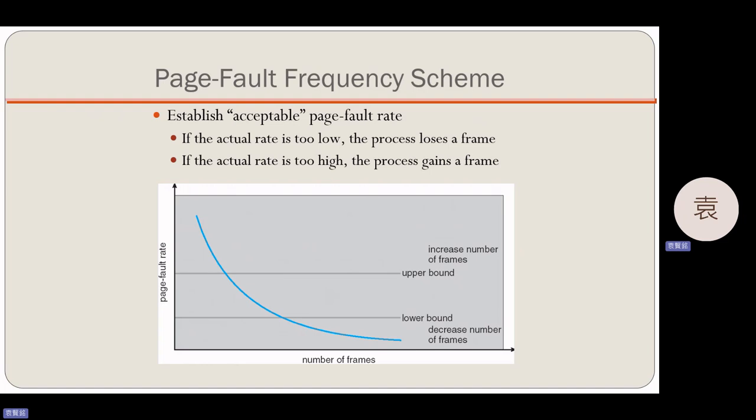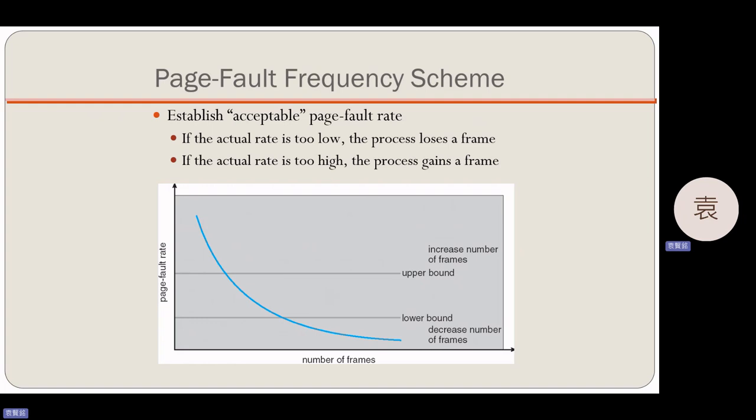Okay, so this page fault frequency mechanism is more typically used than the working set or resident set models, because we just check the outcome. If the page fault rate is in between the upper bound and lower bound, then the system should work fine.